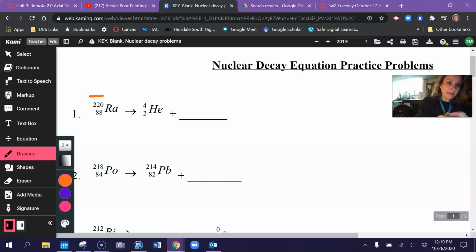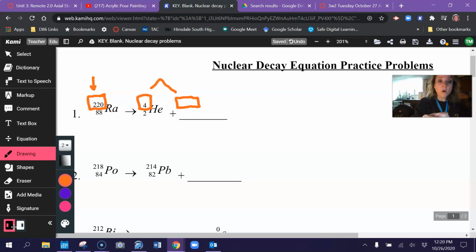Well, on my left side, my reactant side, I have a mass number of 220. And on my product side, I know I have one mass number of 4, but what I have to do is figure out what is the mass number of my mystery radioisotope. Well, remember that the sum of the mass numbers on the product side must equal the mass number that's on the reactant side.